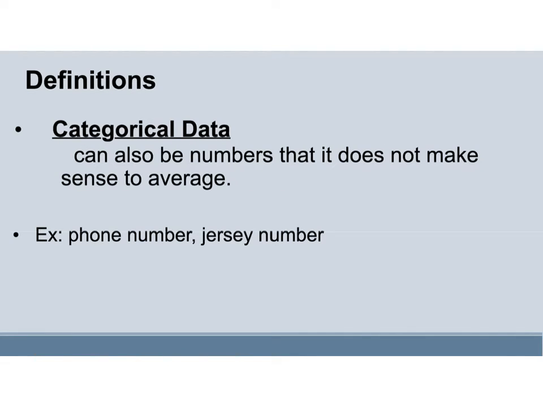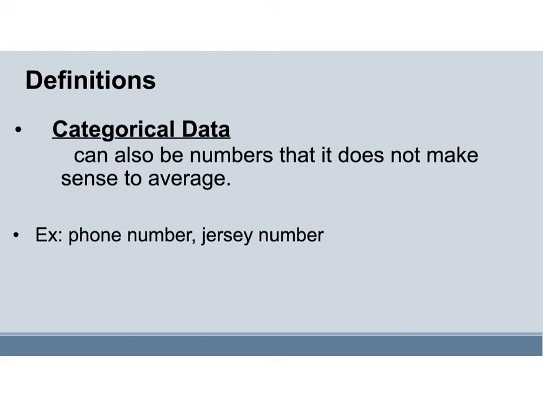Numbers can also be categorical data, but they have to be numbers that don't make any sense to average. Say phone numbers. If I took all your phone numbers, added them together, divided by how many there were, does that tell me the middle person in class's phone number? No, it doesn't. Whereas if I took all your heights and added them up and divided by how many there were, that would tell me the average height of the person in the room.